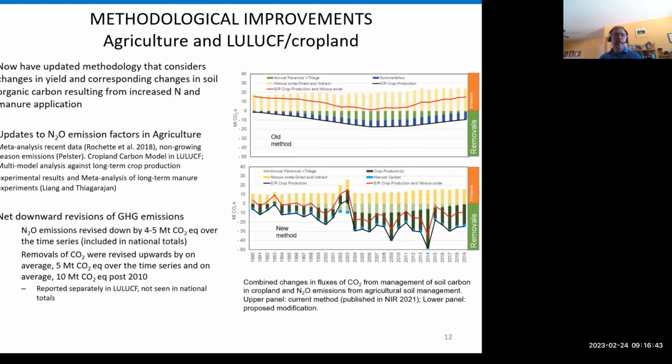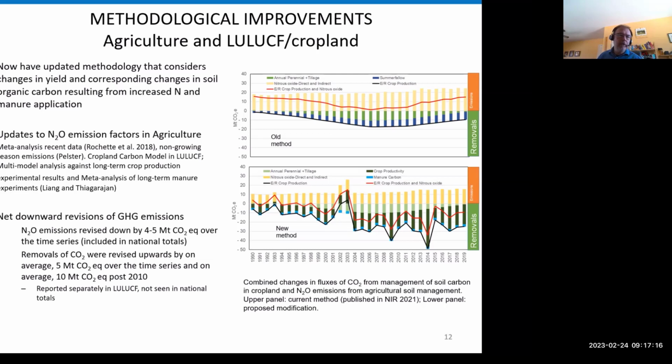For those of you who follow the NIR on a regular basis, you will have seen last year that we introduced a fairly significant change to the methodology, and it changed the way our emissions looked through the past from 1990 onwards. So the changes that we introduced: a significant change to the nitrous oxide emissions factors.